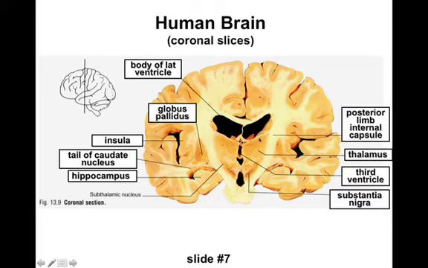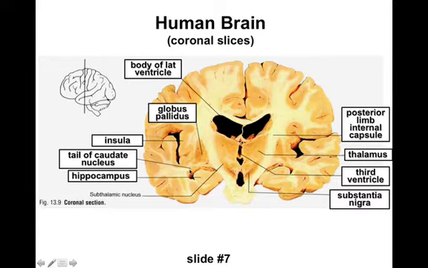So here's our thalamus, there's our midbrain, and above the thalamus we see our cortex and these different structures. The tail of the caudate nucleus is appearing down here. If you remember from when we learned about the ventricles, one of the things we saw with the caudate nucleus was that it curled around and has a tail to it as well.